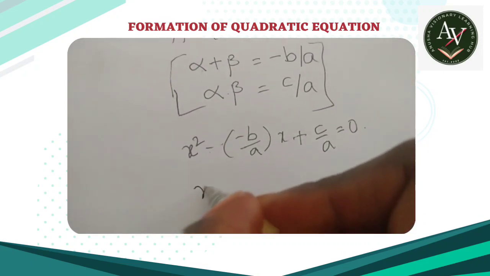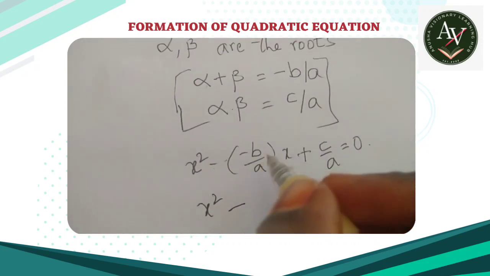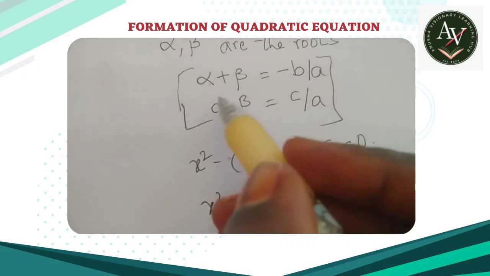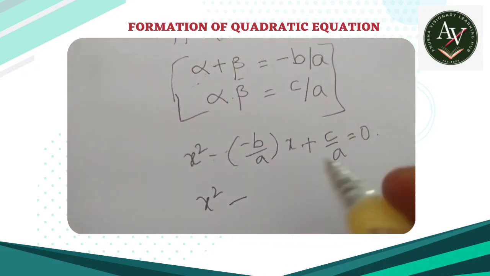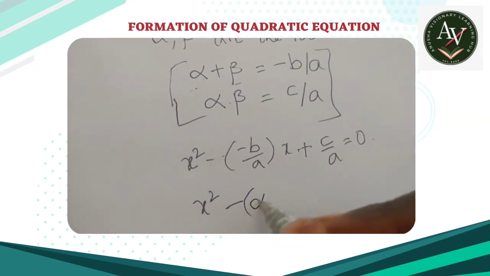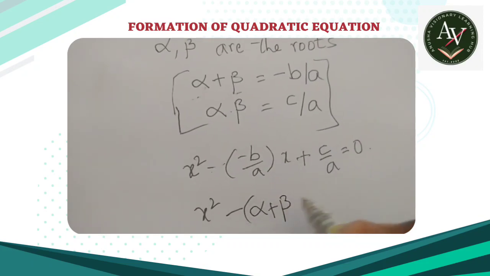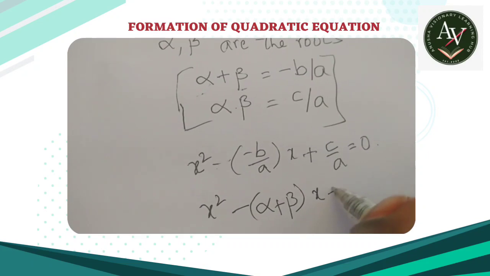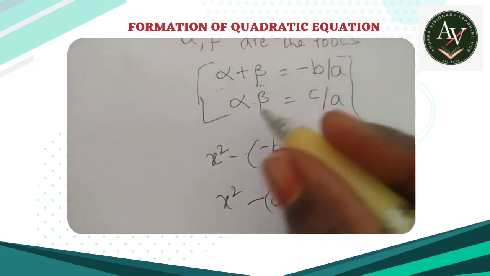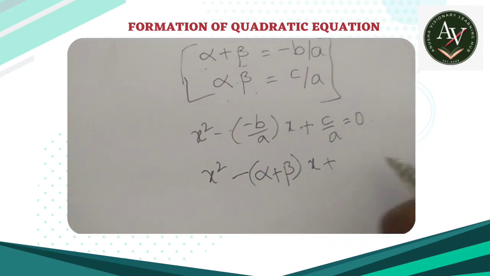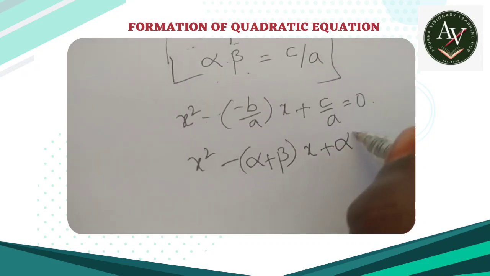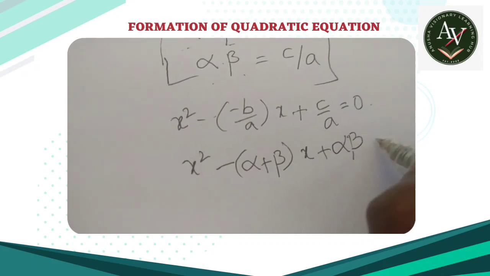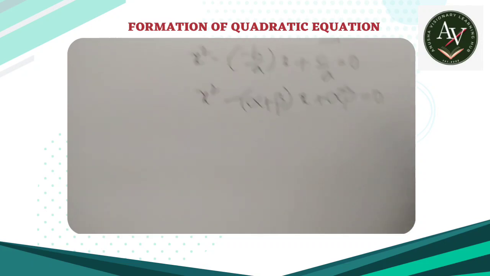Here you can observe that minus b by a is nothing but the sum of the roots, alpha plus beta. We should write it in brackets: minus of alpha plus beta into x, plus c by a, which means the product of the roots, alpha into beta, we can write it as alpha beta, that is equal to 0.